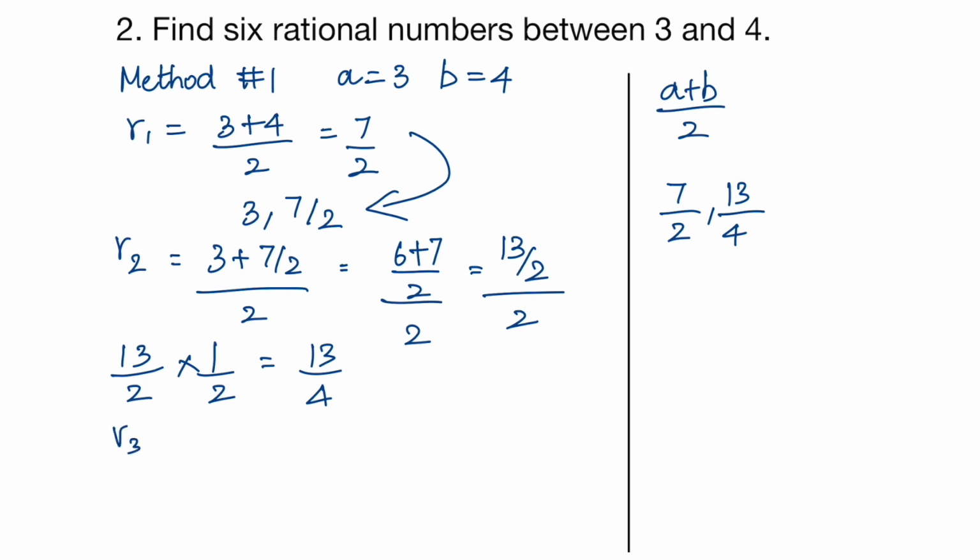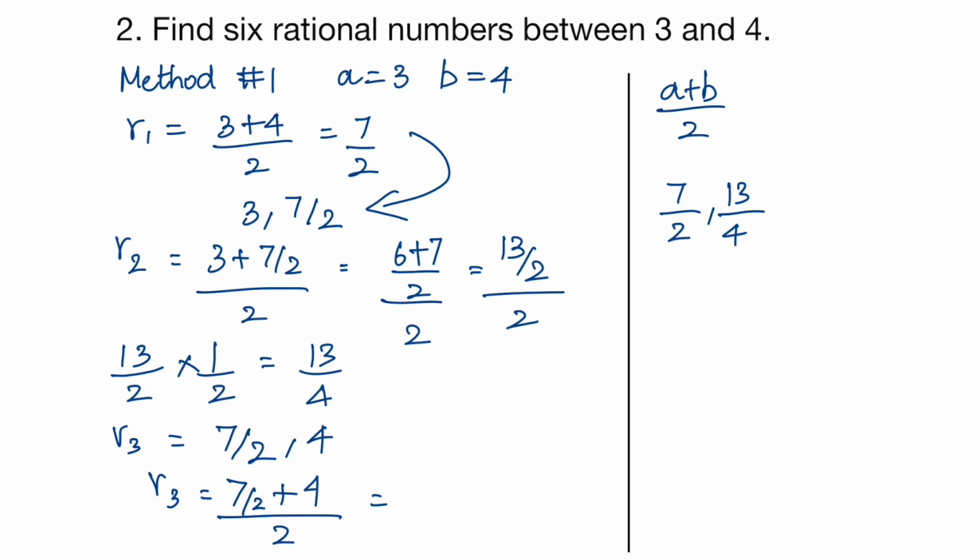So for R3, maybe I'll take 7 by 2 and 4. So R3 is equal to (7 by 2 plus 4) the whole divided by 2, and I'm just going to go quick through this, so don't worry about it.